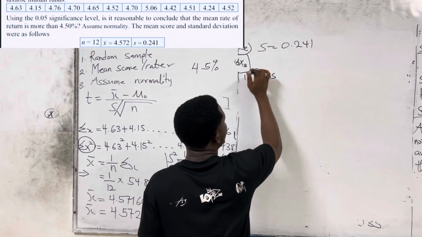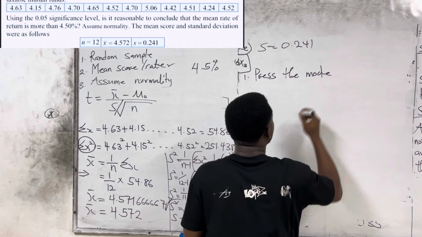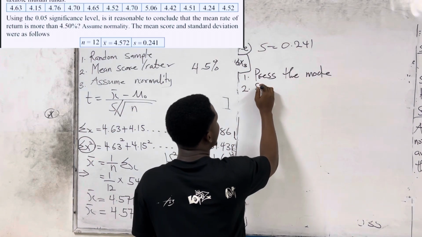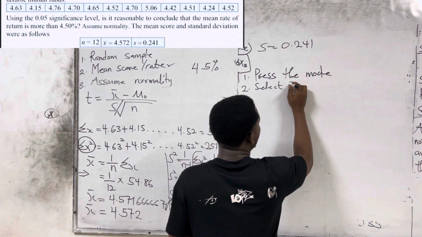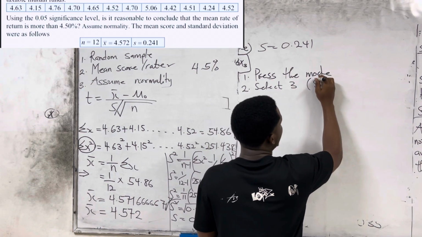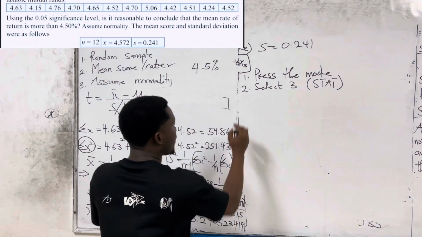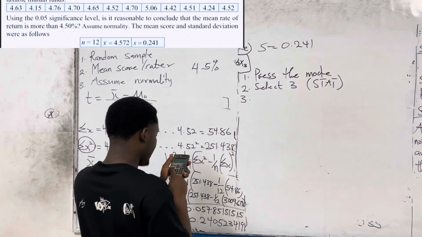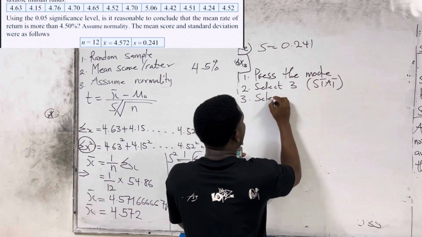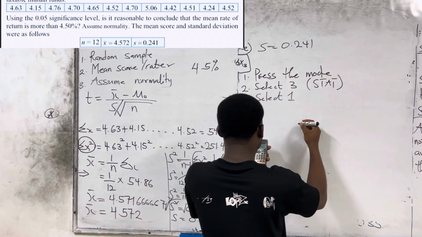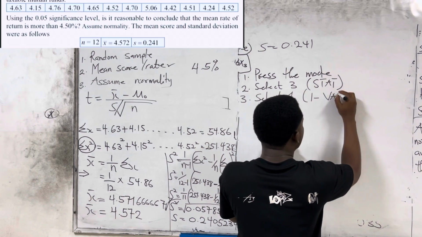Press, so the first step, press the mode on your calculator. Then select option 3, which is the stat. And then select 1, which is the 1-VAR, var.